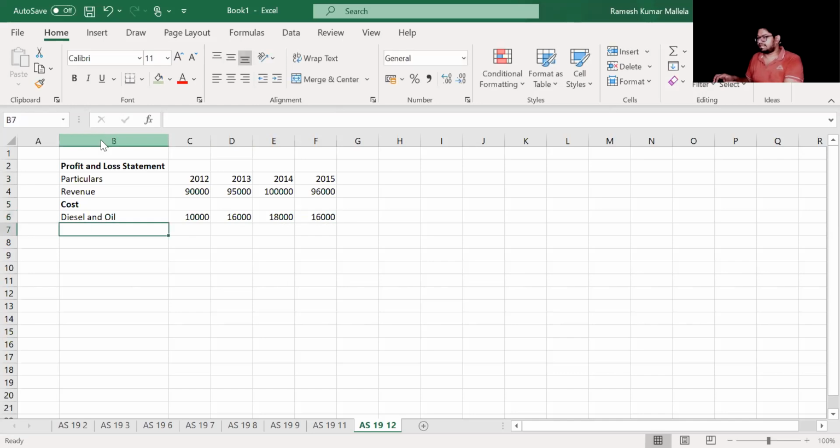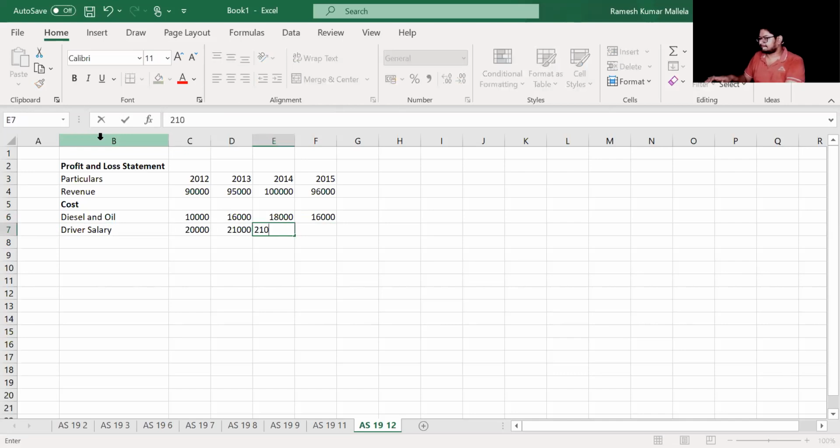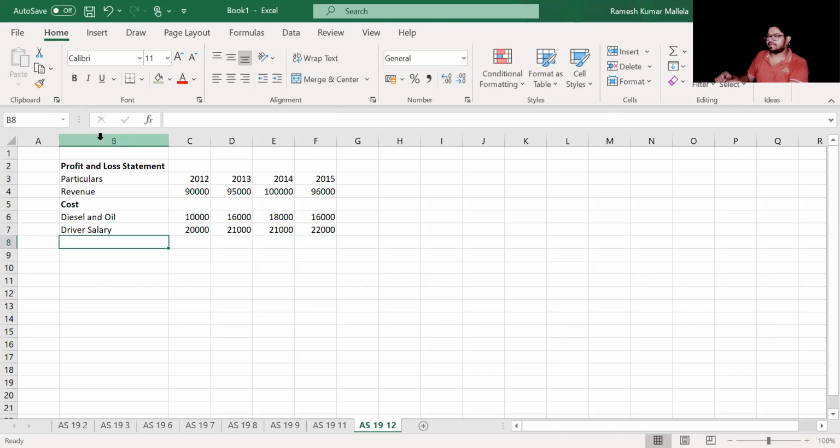Okay. Then you have driver salary, which is 20, 21, 21, and 22. Okay.